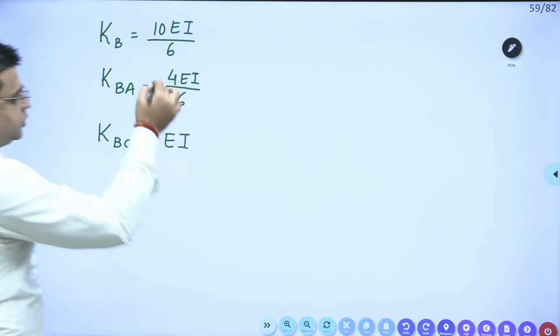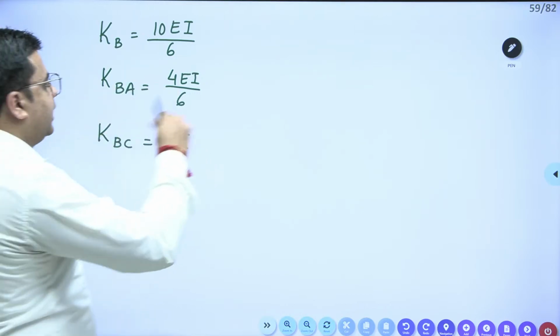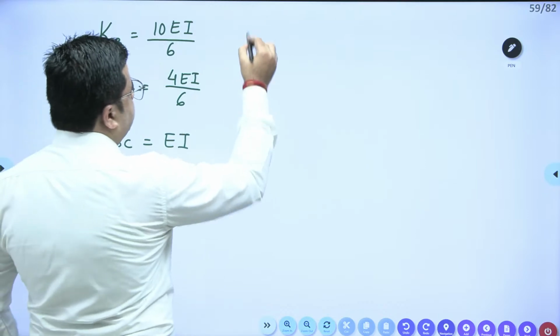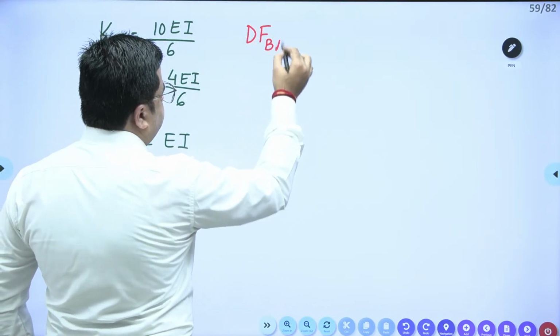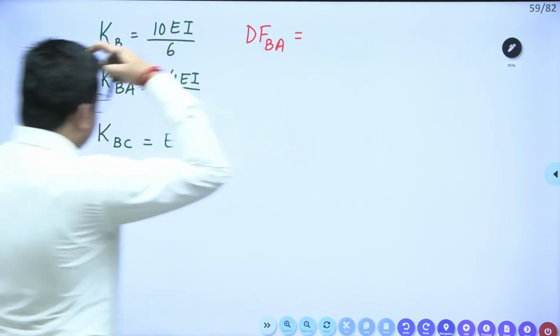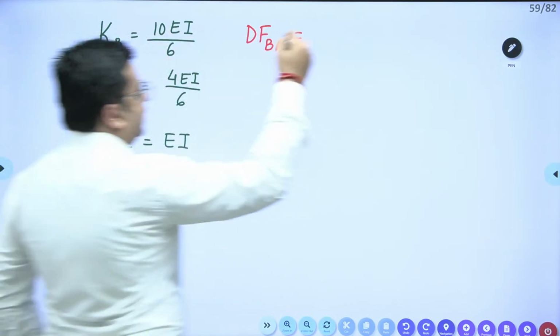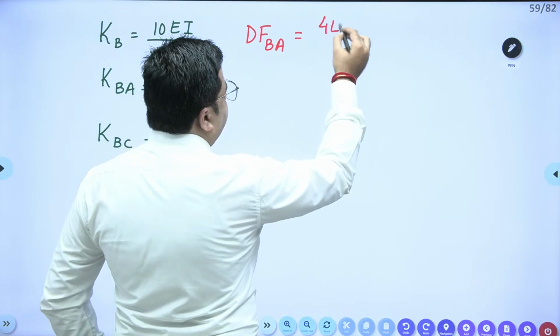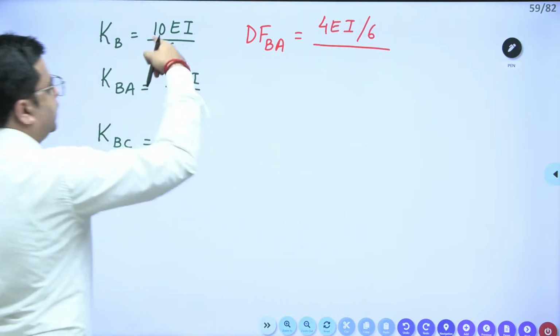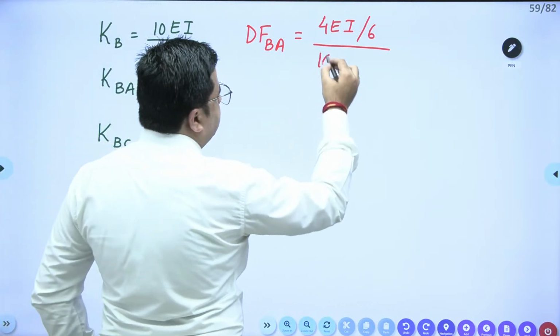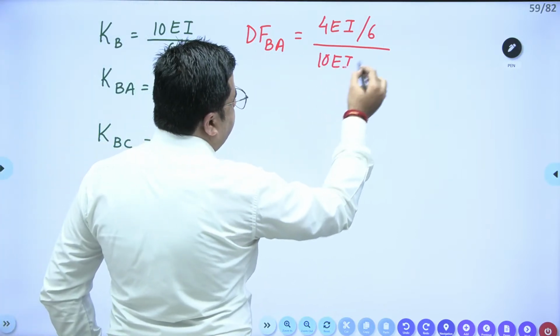So using these three terms, we can calculate the distribution factor for BA. It is the stiffness of BA, that is 4EI by 6, divided by the total stiffness of the joint, that is 10EI by 6.